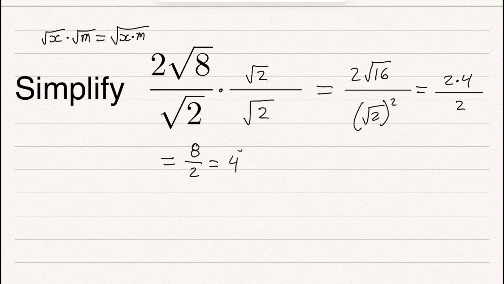So in this instance, this problem simplified out to a whole number. That won't always be the case, but this is an example of why it's so important to rationalize the denominator. Not only is it much simpler, but in some cases, it could even be a whole number or an integer.